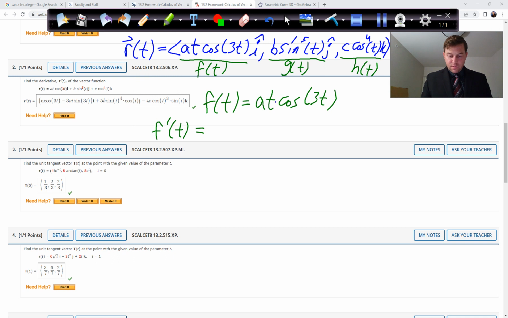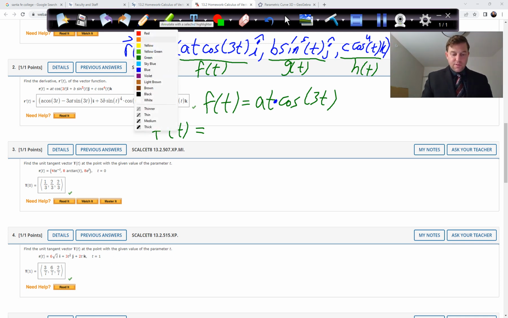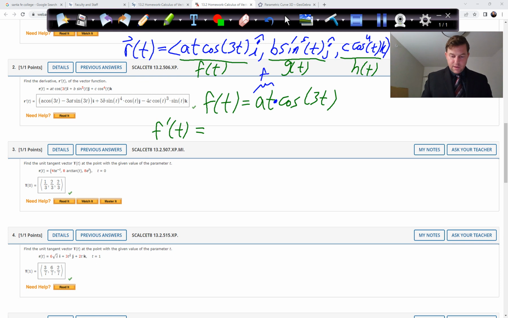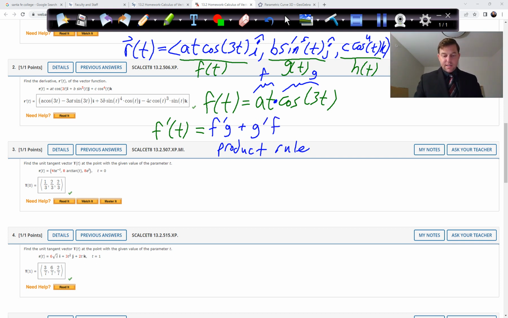At is its own function times cosine of 3t, which is its own function. So we have to make this into two separate functions, and we're going to call the first function f and the second function g. And product rule says the derivative of two functions being multiplied is f prime g plus g prime f.